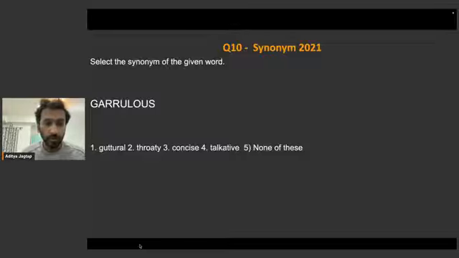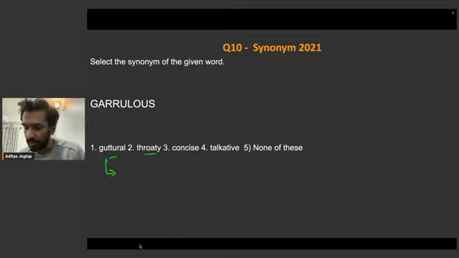Fairly easy. Now you're looking for the synonym of garrulous. This is a little tricky. So garrulous: guttural, throaty. Guttural is the kind of noise or sound one can make from their gut, essentially from their stomach or throat.